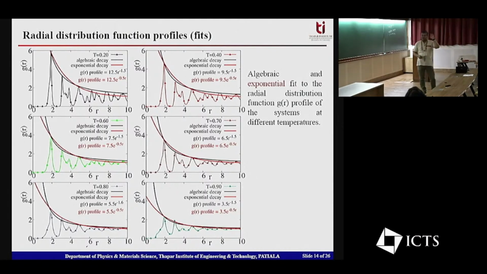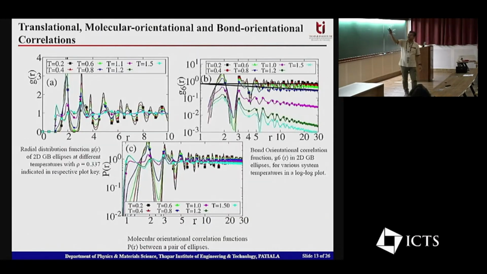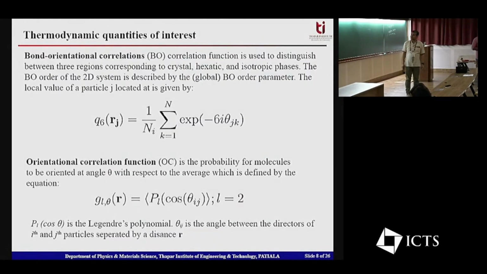One system may not have positional order, but it may have bond orientational order, meaning most of the particles have 6 nearest neighbors. To identify that, you look at this G6, which I showed. This is the expression for G6.